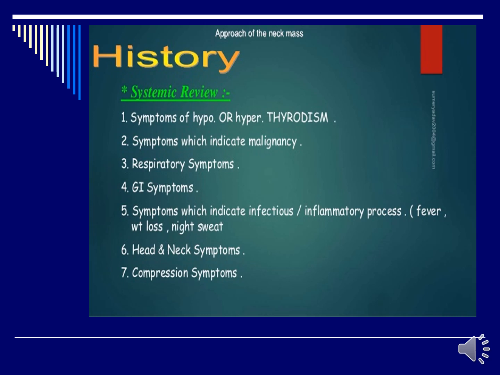Symptoms which indicate malignancy, like weight loss, cachexia, emaciation, anemia, and so on, according to the type of malignancy and the site.